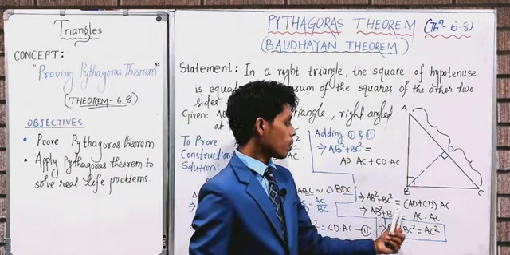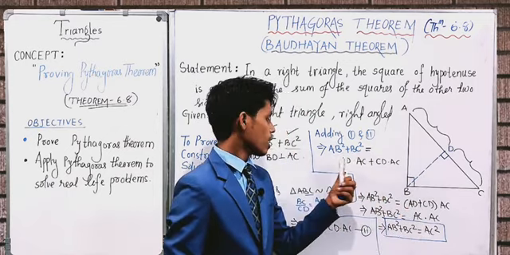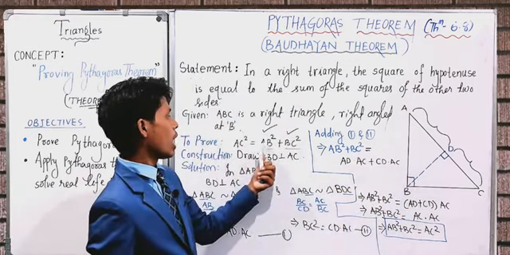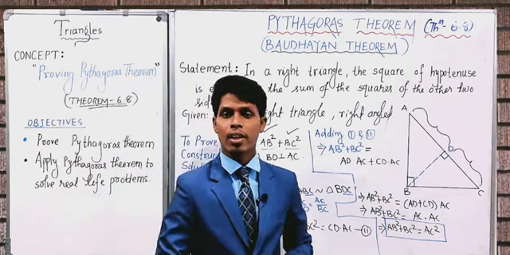Then we solved further to get AC square on the right hand side, and that was needed to be proved as per the Pythagoras theorem. Okay, so this was the proof of Pythagoras theorem.